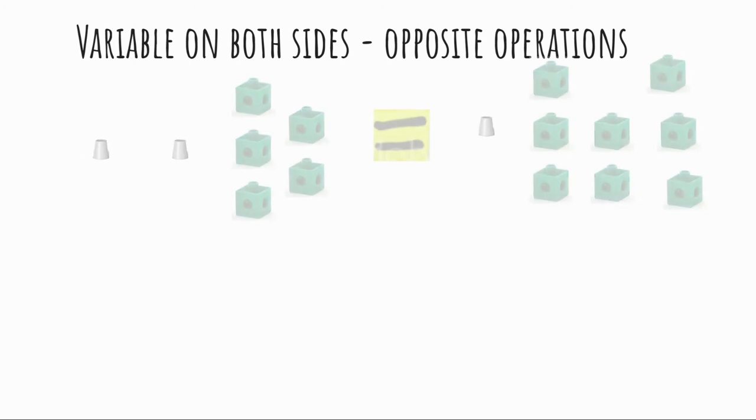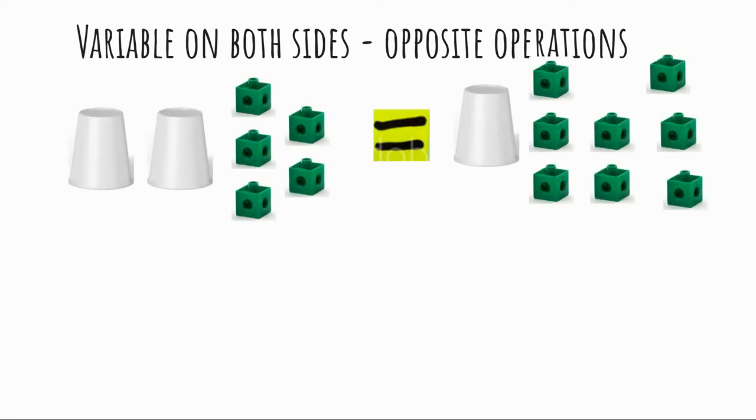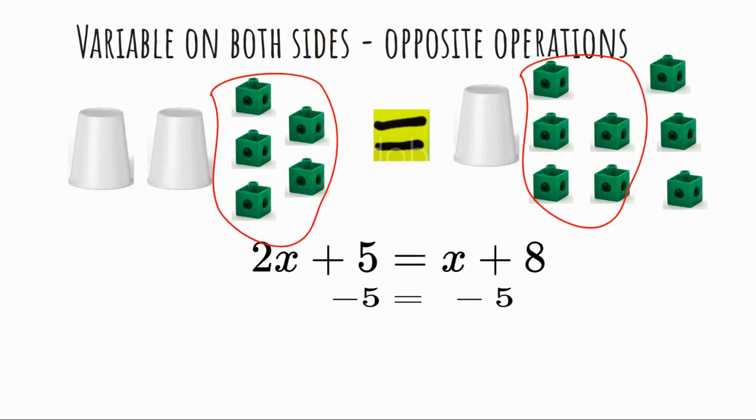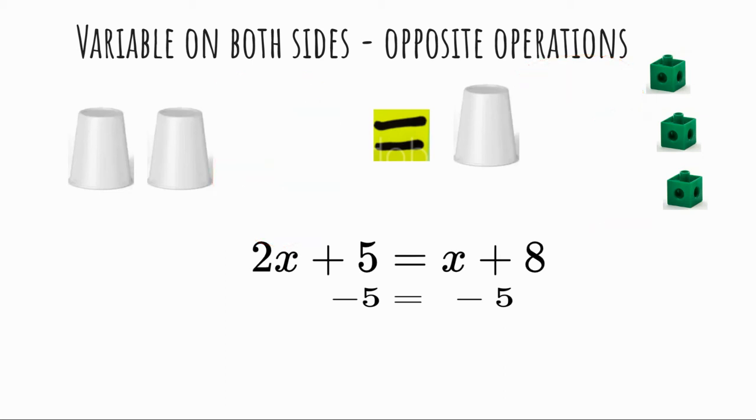Similarly, even if we had the variable on both sides, something like this, that appears more daunting, 2x plus 5 equals x plus 8, we have realized that this principle of doing whatever on one side and the other is very powerful. So we could, for example, subtract the 5 on both sides, and now our equation becomes 2x equals x plus 3.